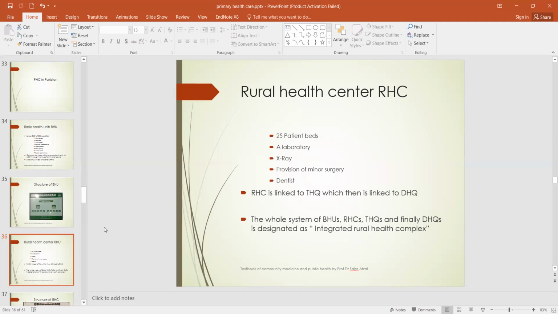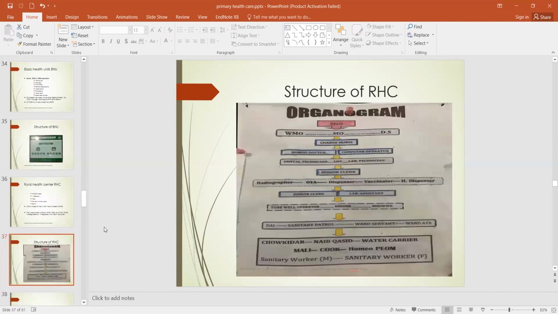The whole system of BHUs, RHCs, THQs, and finally DHQs is designated as the Integrated Rural Health Complex. This is the structure of a rural health center, and the main body is the senior MO, and then medical officers, charge nurses, lab technicians, senior clerk, junior clerk, midwives, drivers, sanitary inspectors.